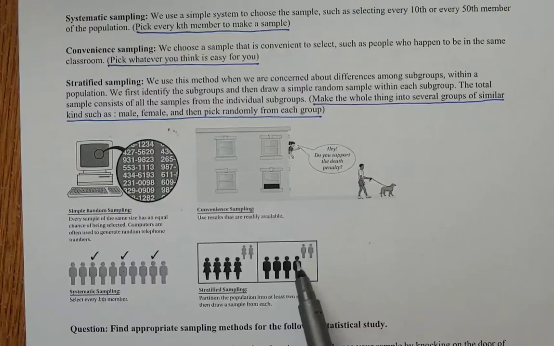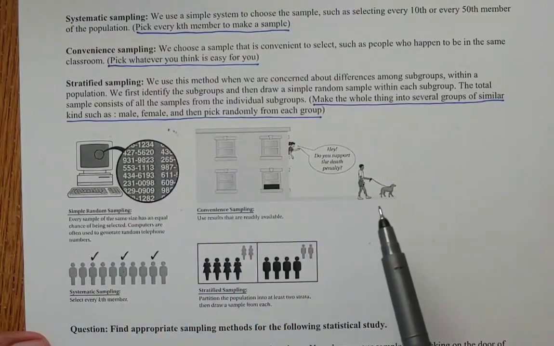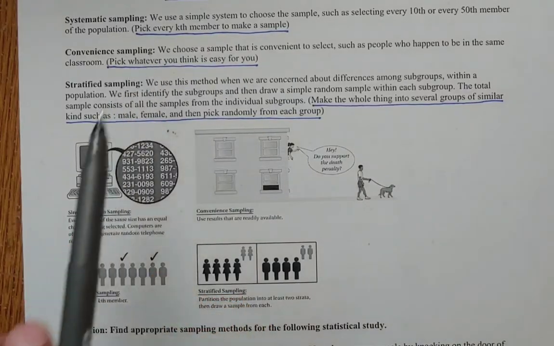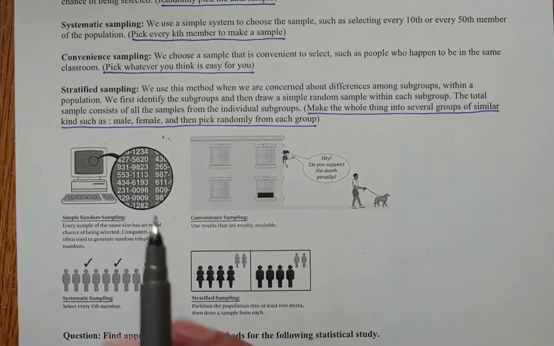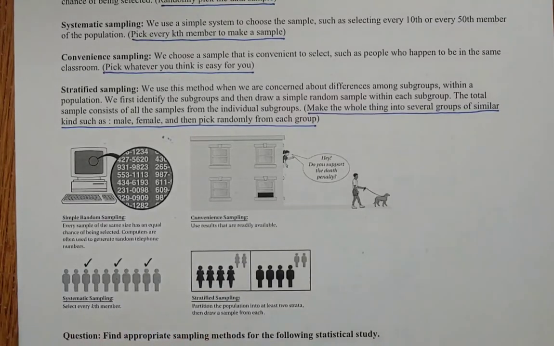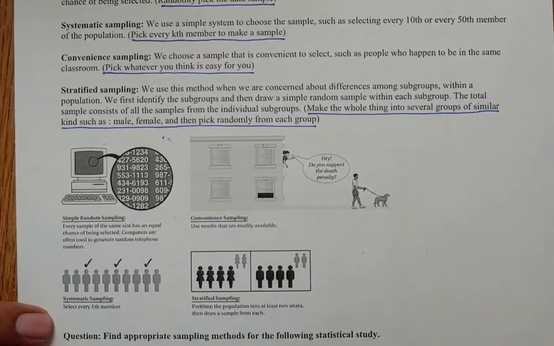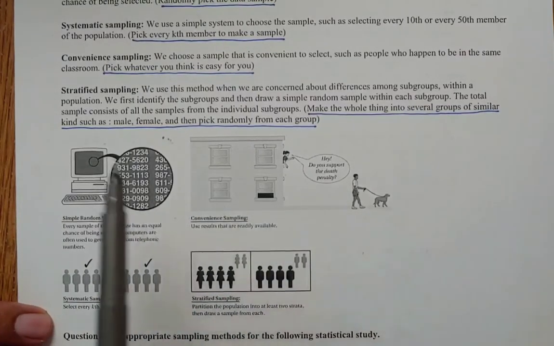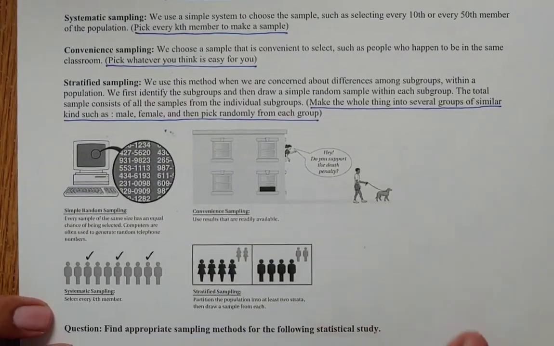So stratified sampling is first make the groups and then you choose randomly. Random sample is you choose randomly from the beginning. But stratified is first you make the groups, like you divide into 2 groups or 3 groups or 4 groups, and then you choose from each group. Collecting a sample that way is stratified sampling.